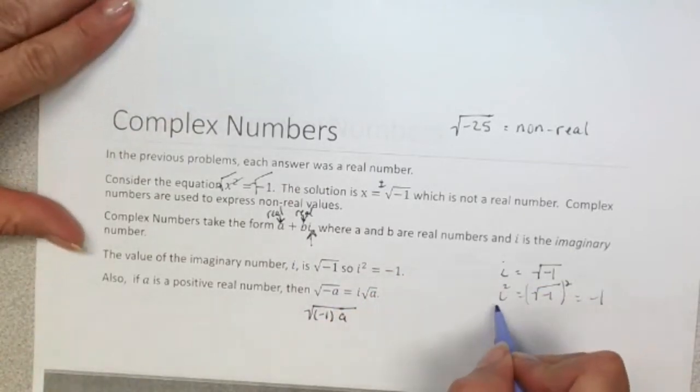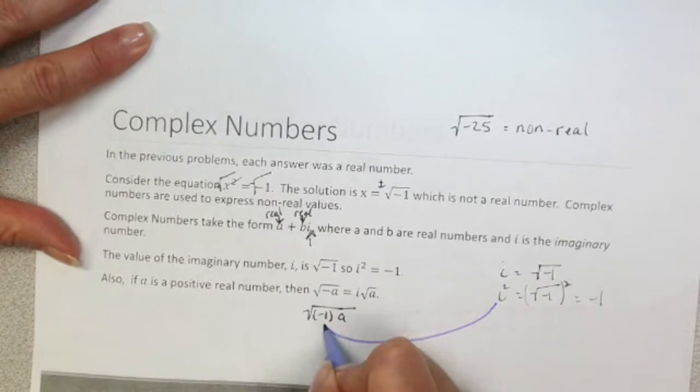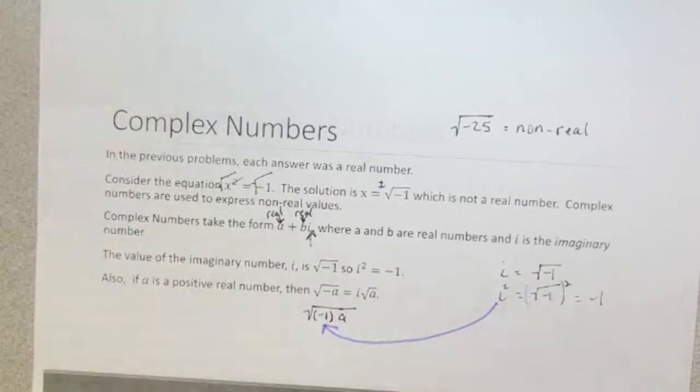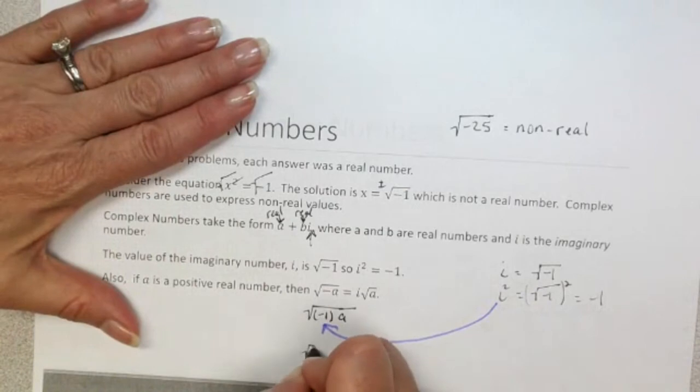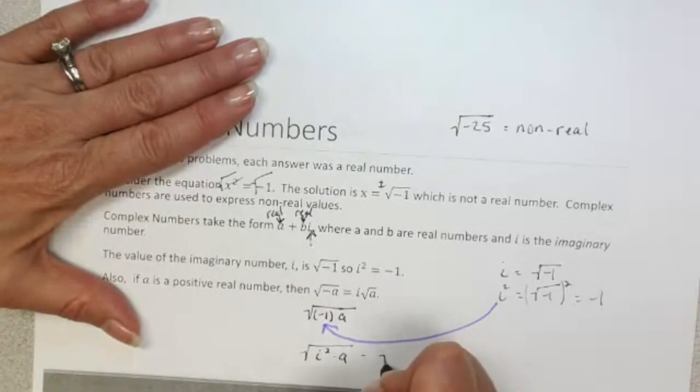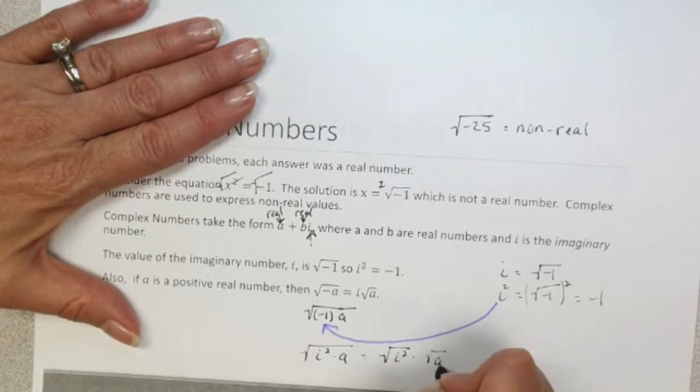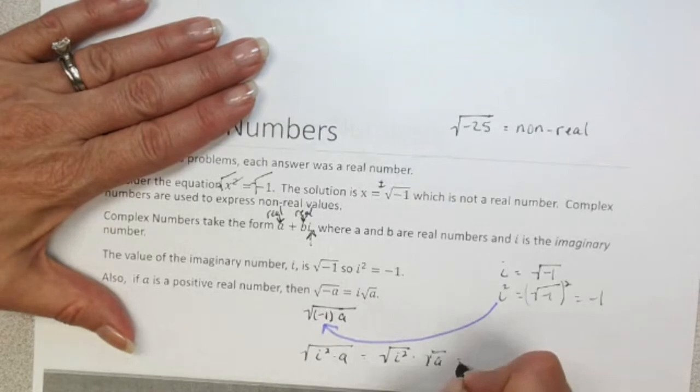And if we substitute this i squared in here for that negative 1, because we know that i squared is equal to negative 1, we could write this as the square root of i squared times a, which of course is the same thing as the square root of i squared times the square root of a, right? And the square root of i squared is just i, right?